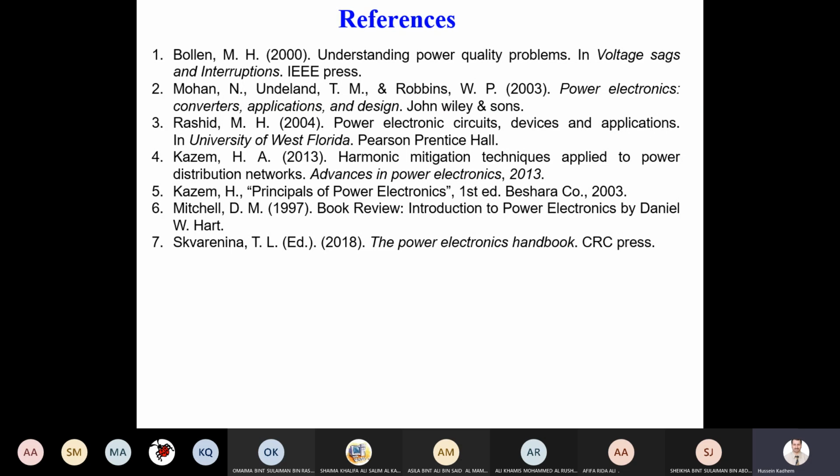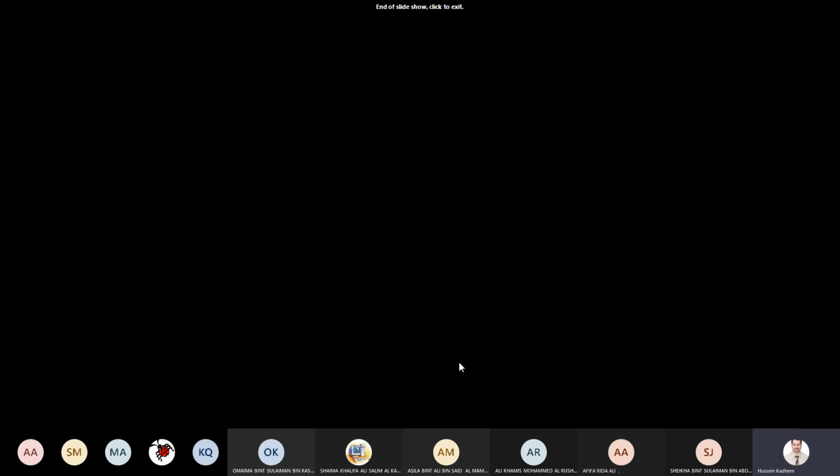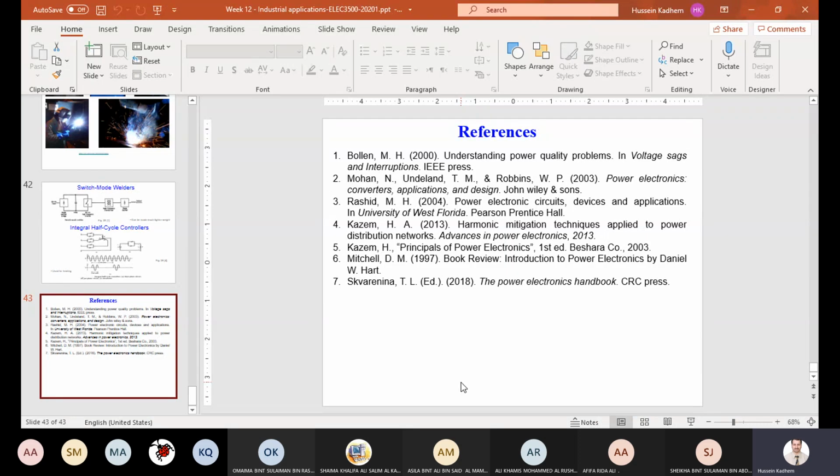Different types of disturbances have been discussed. And then today we talked about using power electronic converters to control the air conditioning, the lighting, the induction heating, the welding. These are samples of power electronic converter applications. Otherwise, there are more than this, but I just gave samples of their applications.